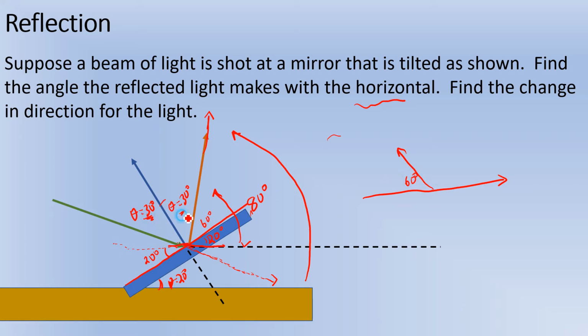This 30 and this 30, which means this part over here has got to be 120 degrees. So this is 120 degrees. And hopefully you can see it right here. Here's that flat line. That was my incoming light. And then I have 30 and 30, and that will give me 60. Subtract it from 180, gives me 120.